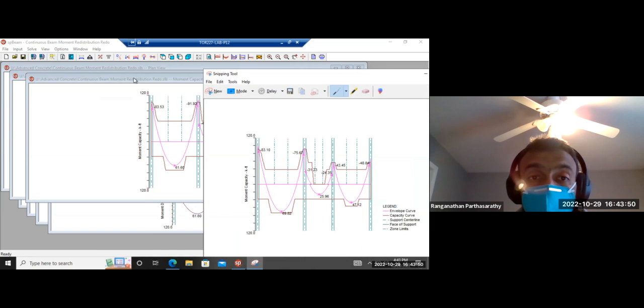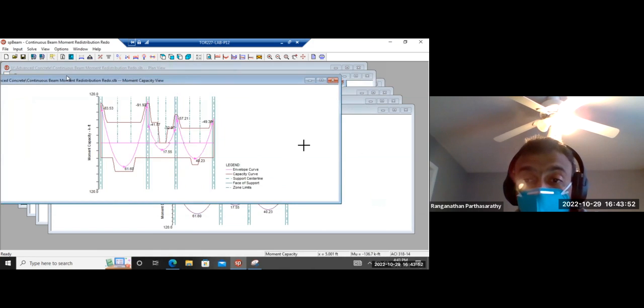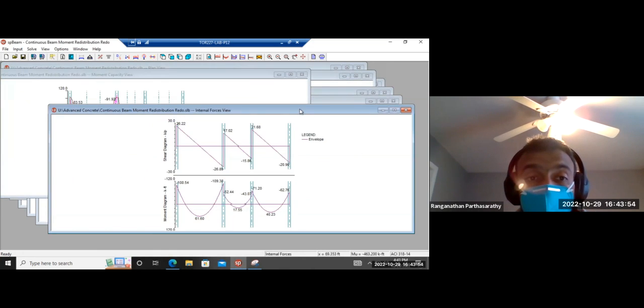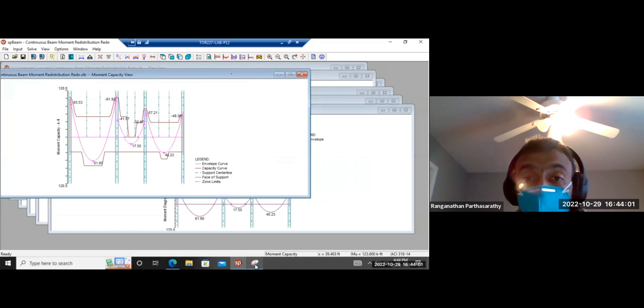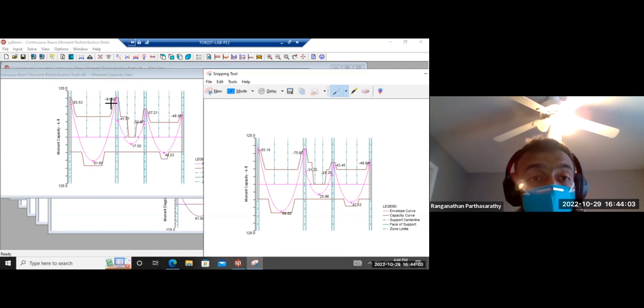So you can see that using the moment redistribution, we were able to get considerable savings. Anyway, the moment envelope is here. So using the moment redistribution, we really were able to reduce the negative reinforcement at these regions.